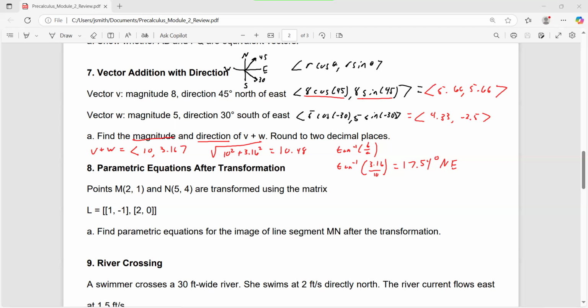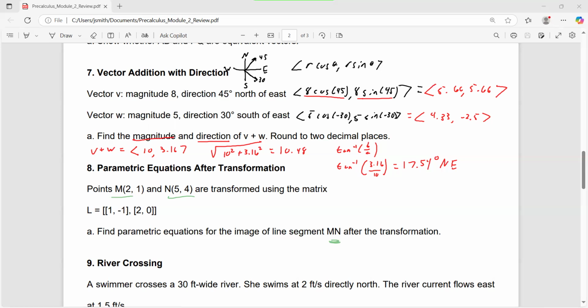All right, so any question on number 7 on vector and magnitude? Okay, number 8 is talking about parametric equations after a transformation. So the key here is you actually got to figure out what your vector is to start. So your vector is MN. Well, it tells you right here. So what we have to do is figure out what MN is.